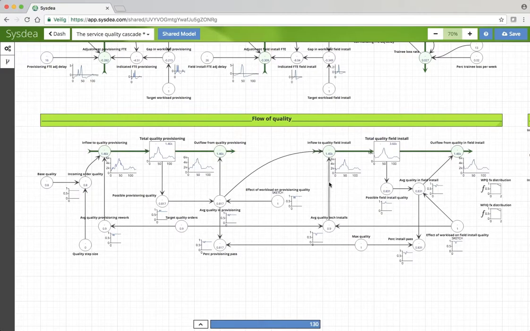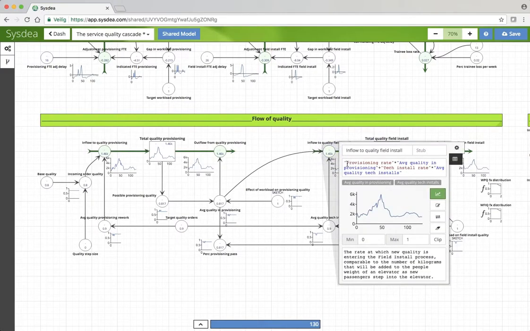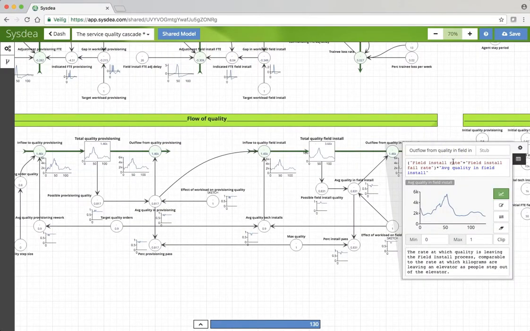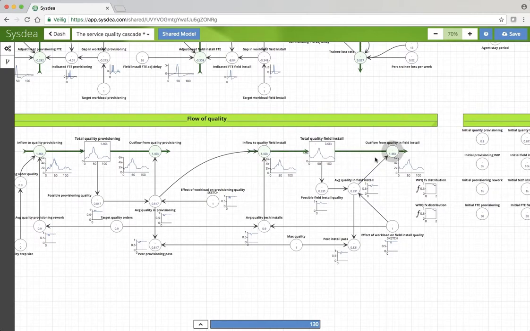And here we've got the same story. We've got quality, we've got inflow to field install from provisioning and from the tech install rate, and the outflow is from the field install rate and from the fail rate again. So again, we model a co-flow of the total quality in field install. And here also we have a rework effect.